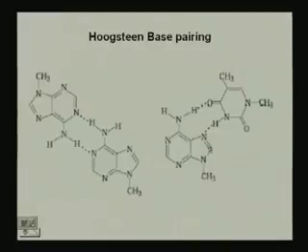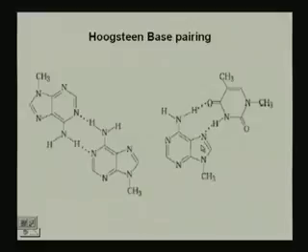In the Hoogsteen base pairing, so what did we have? We had this face that was forming the hydrogen bonds in the Watson-Crick base pairing. In the Hoogsteen base pairing, we have one hydrogen from the 6-membered ring and the nitrogen taking part in the hydrogen bonding from the 5-membered ring.